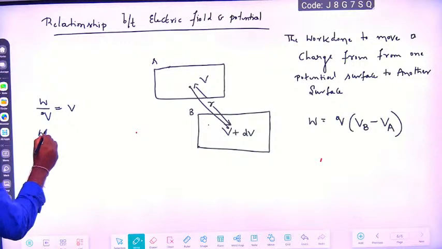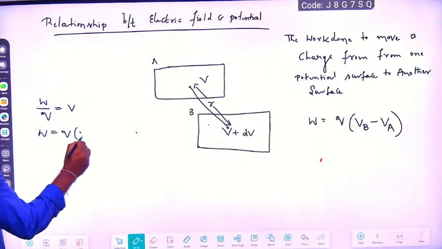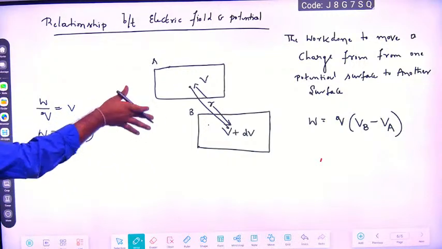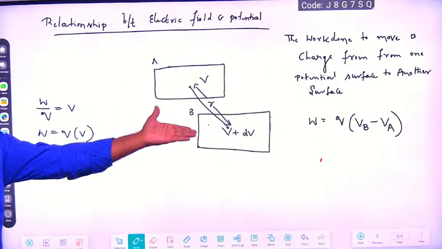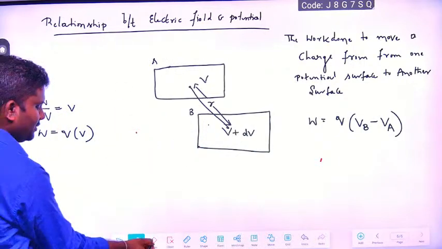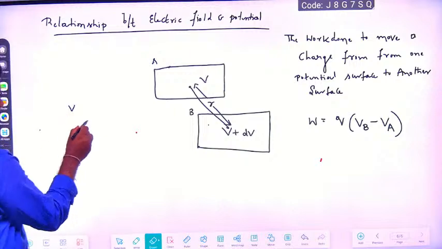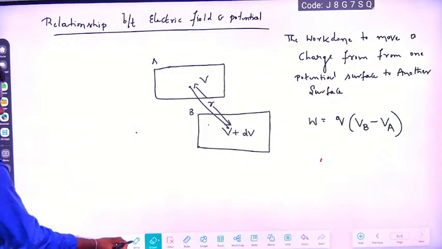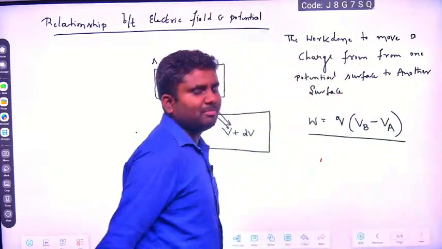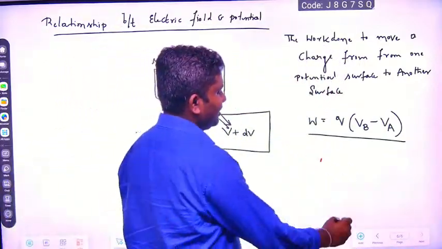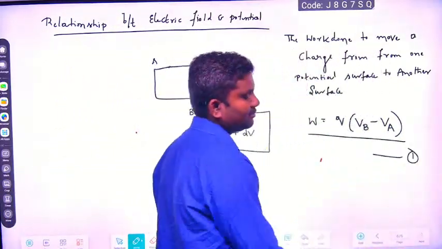So work done is charge into potential, and since the potential is different, I take delta V. That was the same formula I applied. Why are you getting confused? So W is equal to Q into (VB minus VA). This is number 1. This you know.